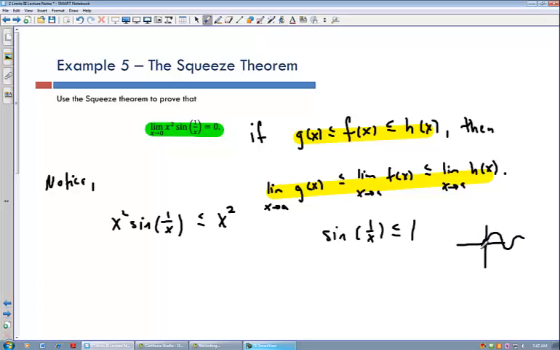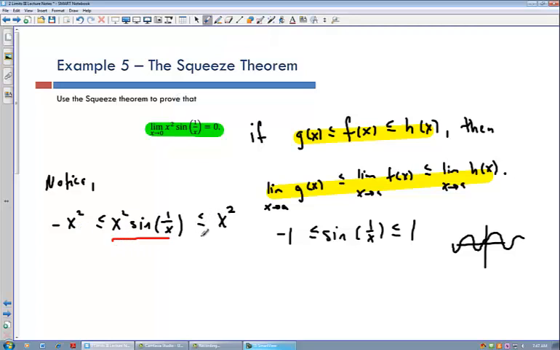Always between negative 1 and positive 1, and repeating every 2 pi. So that's on that side. And of course, on this side, it's always bigger than or equal to negative 1. So over here, this is going to be greater than or equal to x squared times negative 1, which would be negative x squared. So what I have done is I've squeezed this function in between negative x squared and x squared.